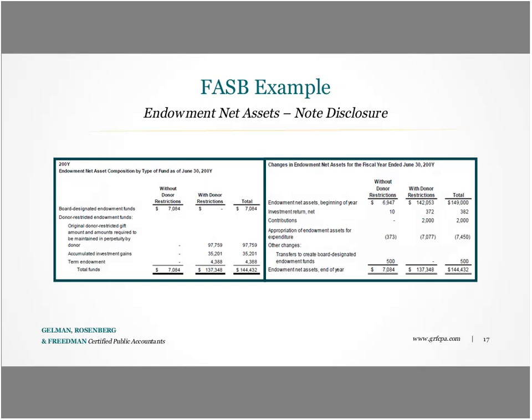And again, the donor restricted endowment funds are in that second column with donor restrictions and the total. The box on your right shows the changes in the endowment net assets for the fiscal year. And again, it's a running total from the beginning of the year and the activity during the year to end with the net assets at the end of the year.